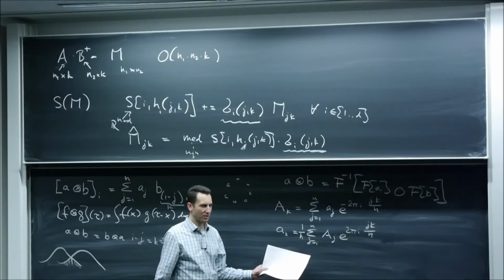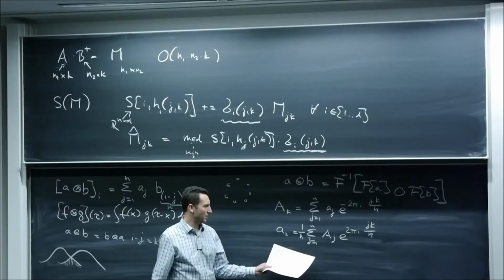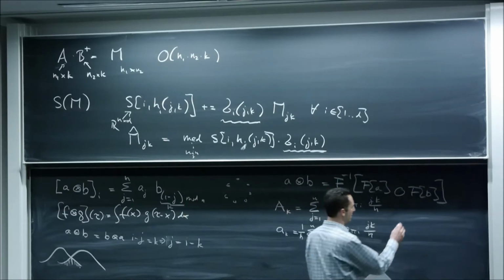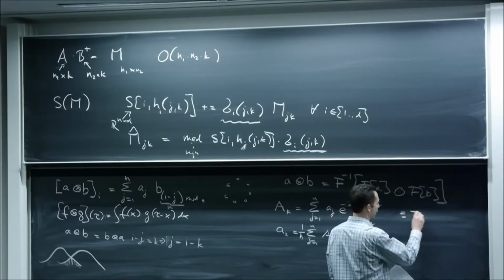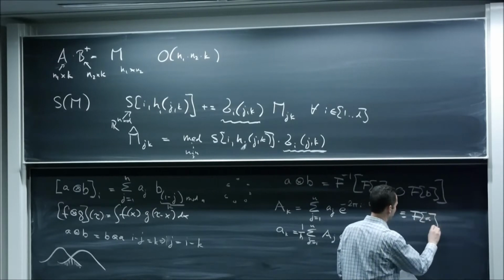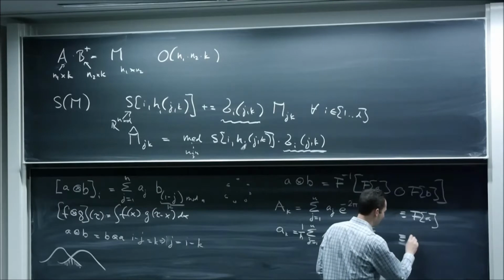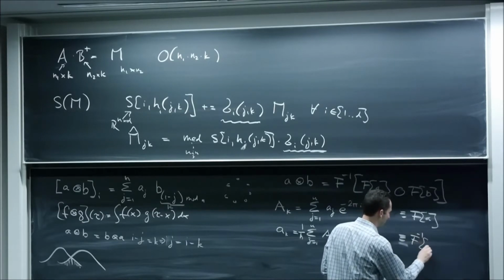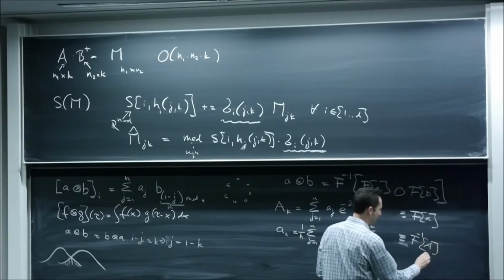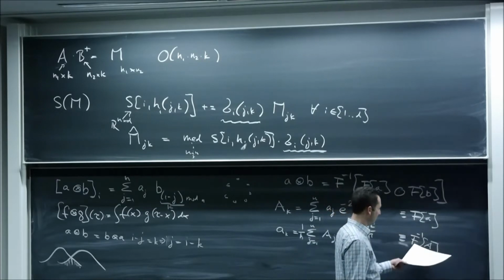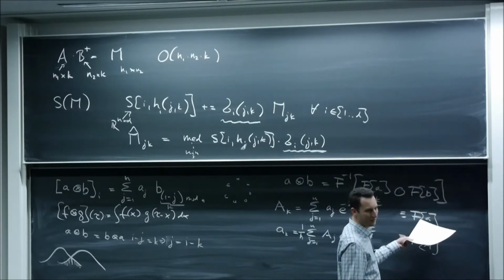Okay, so this is just the Fourier transform and the inverse Fourier transform. Basically, this is defined as f of lowercase a, and this is defined as the inverse Fourier transform of A. And as you can already see, this is the inverse of that.